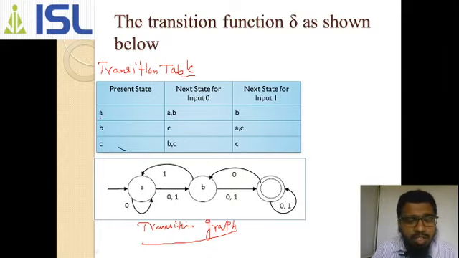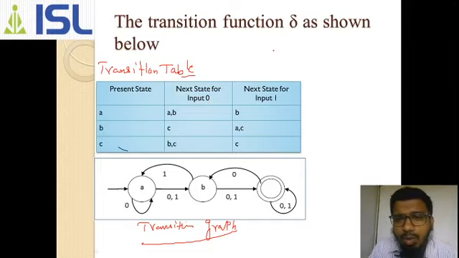What is this? A with input 0, so what is the answer? Here we will represent it like A comma 0.